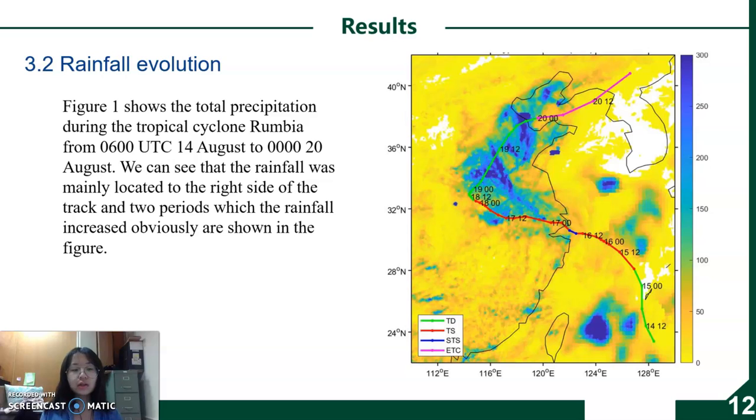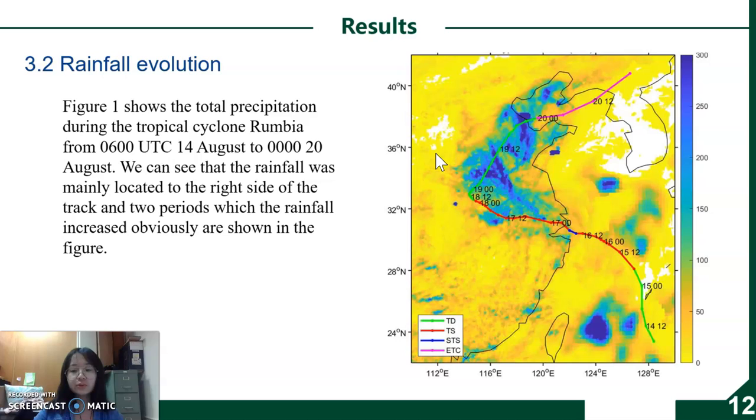From 6 o'clock UTC on the 14th August to 0 o'clock UTC on the 20th of August, we can see that the rainfall was mainly located to the right side of the track, and two periods in which rainfall increased obviously are shown in this figure. The first is after Rambia made its landfall, and the second is after turning its direction.